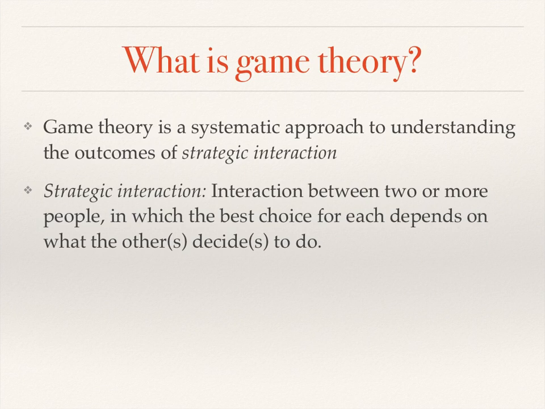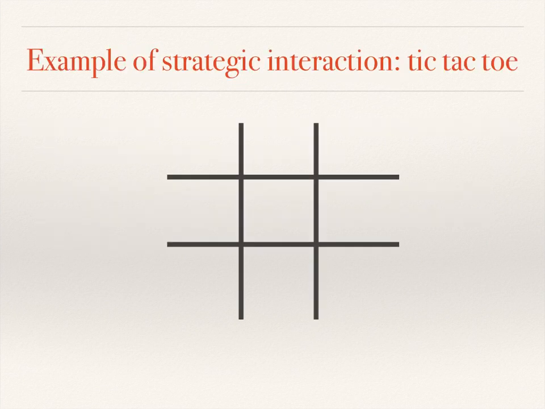Now, you might say, well, what would be an example of that? Here's a really, really simple one that you've played lots of times, right? If you're trying to get through this game, trying to prevent me from winning, I'm the crosses and you're the knots.